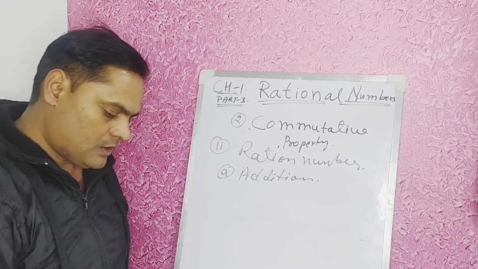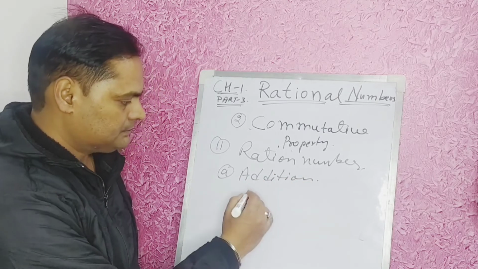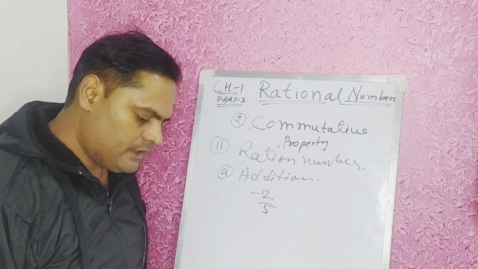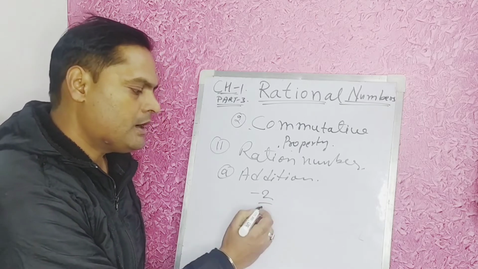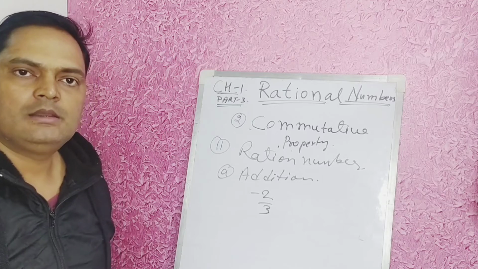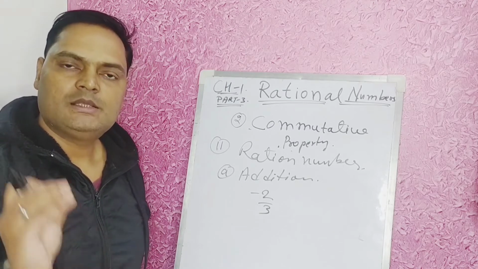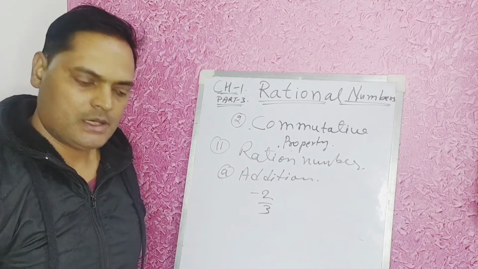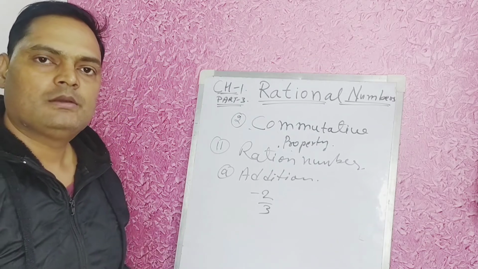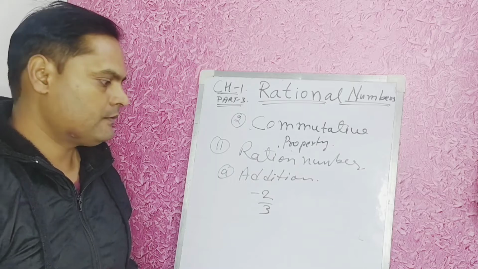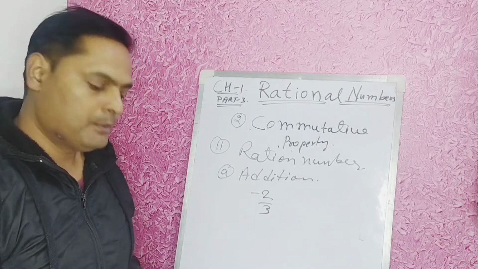In addition, we also have some examples like this, which are already there in the NCERT book. I have not taken anything different from the NCERT book. These are the examples from the NCERT book itself, so whenever you refer, you will get the same result from the same example in the book.